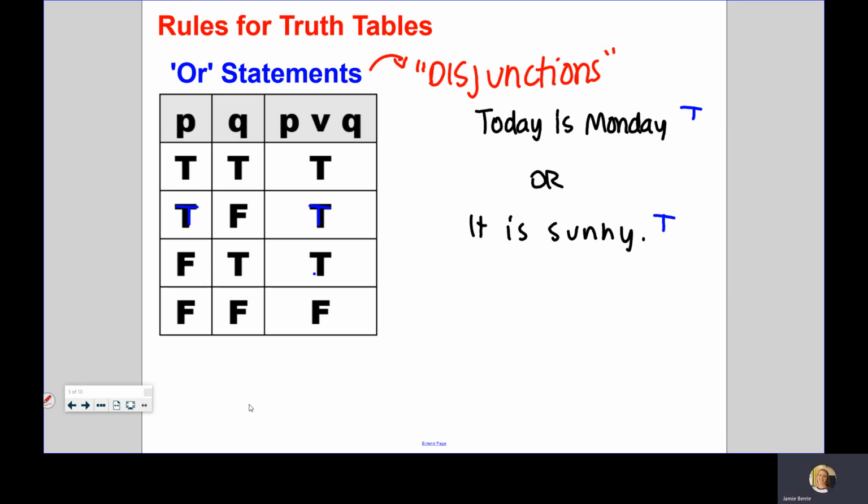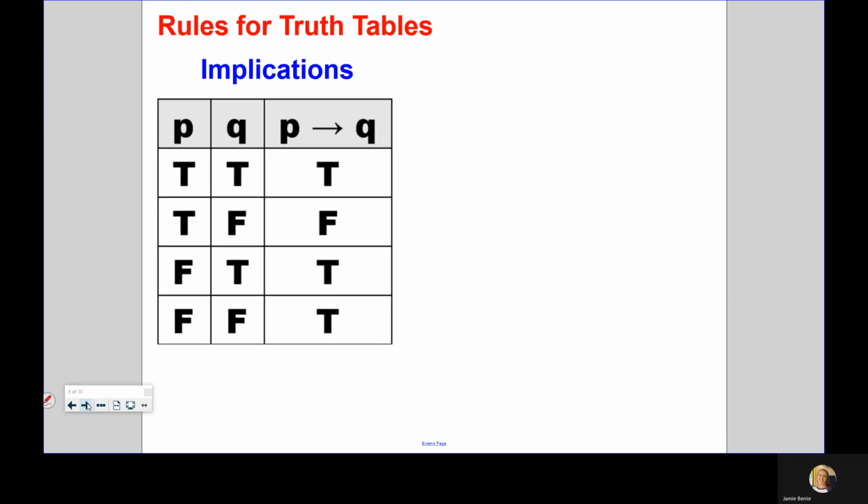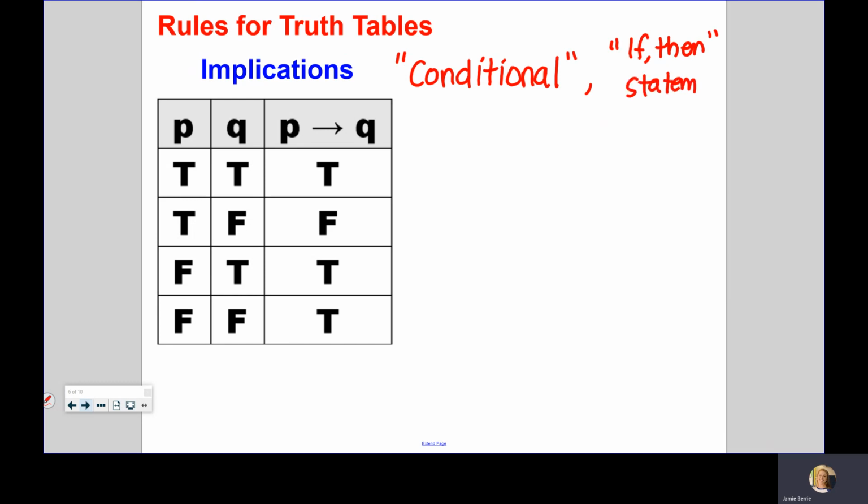Like I said, the hardest one to understand is the last rule, which is for implications. Implications have a couple of other special names. The first one is also called a conditional. You could also just call it an if-then statement.